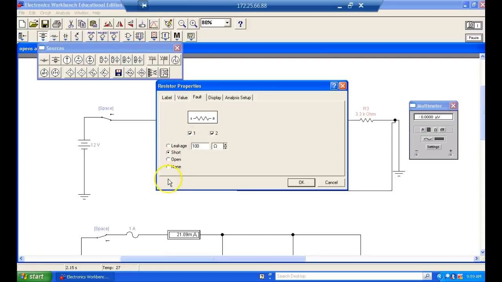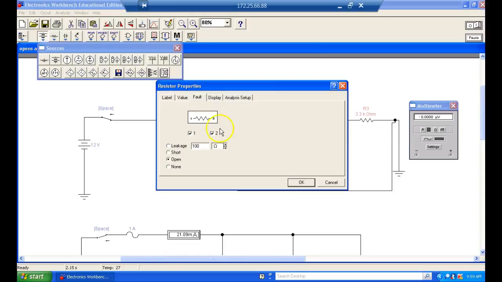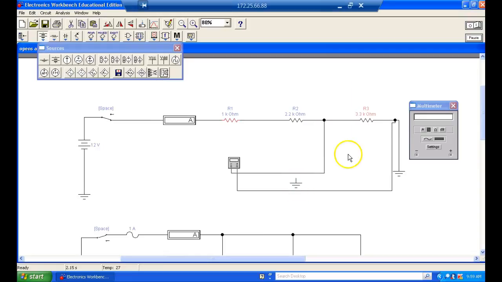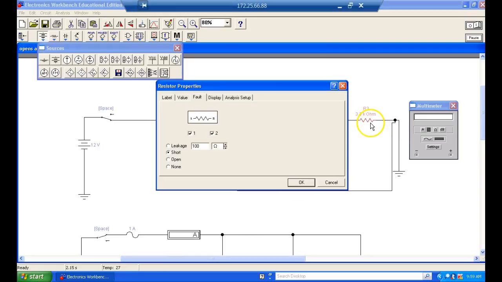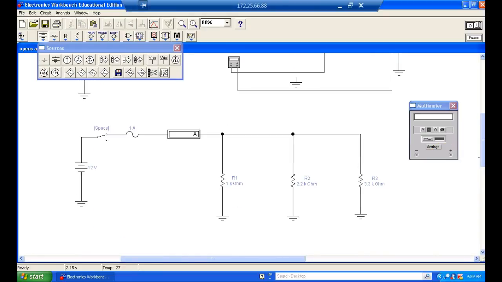Oh, not open them. We'll make none. So what's nice about Electronics Workbench is we can't kill anybody with it. So this is what we call a parallel circuit.